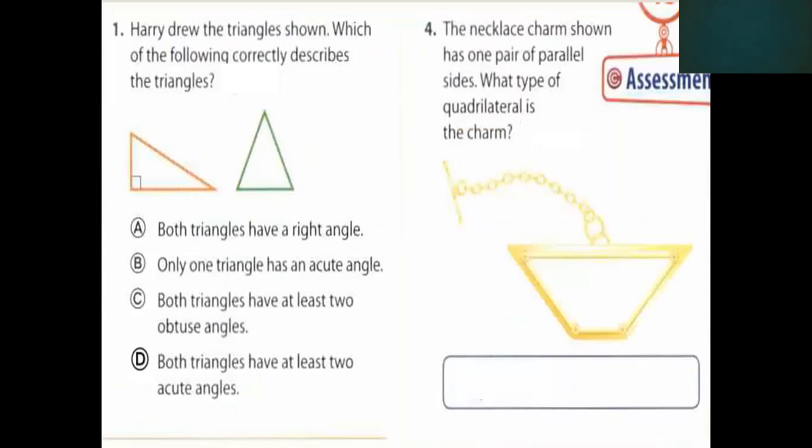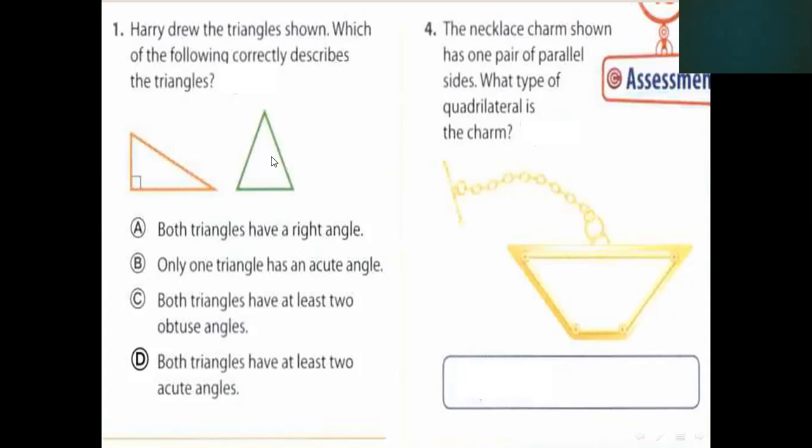Do both triangles have a right angle? No, just one has a right angle, so the first one is wrong. Only one triangle has an acute angle? No. The first triangle has 2 acute angles, and the second one has 3 acute angles.